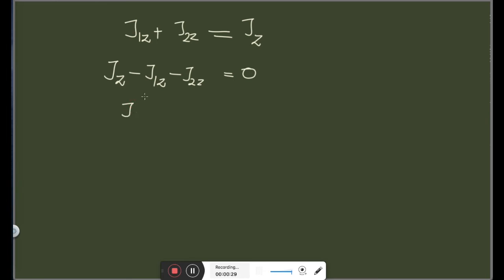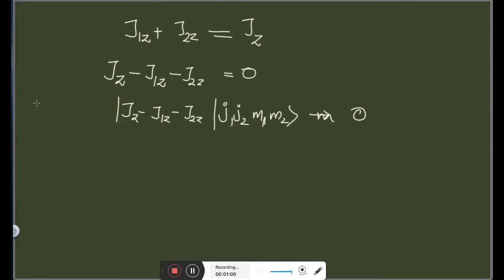Now you take the operator JZ minus J1Z minus J2Z and operate it on J1, J2, M1, M2. What you should get is equal to 0 itself.